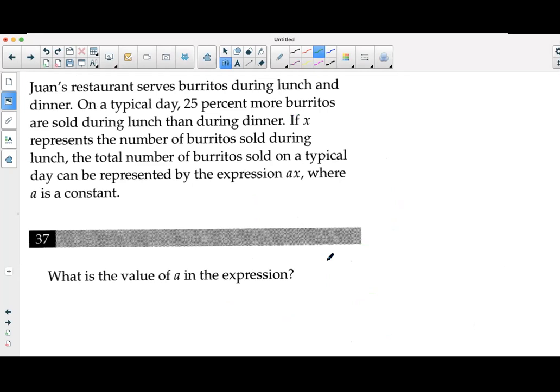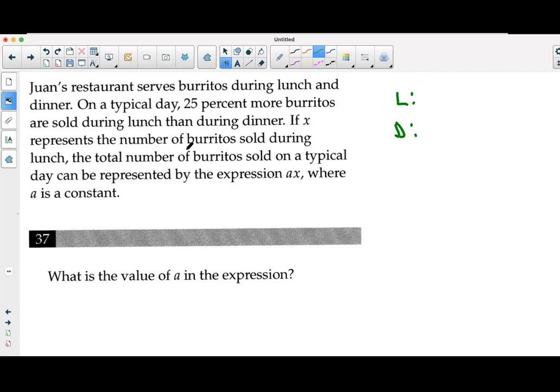Juan's restaurant serves burritos during lunch and dinner. On a typical day, 25% more burritos are sold during lunch than during dinner. Okay, so lunch and then dinner. If dinner is a certain number and lunch is 25% more, that means 1.25 times something.